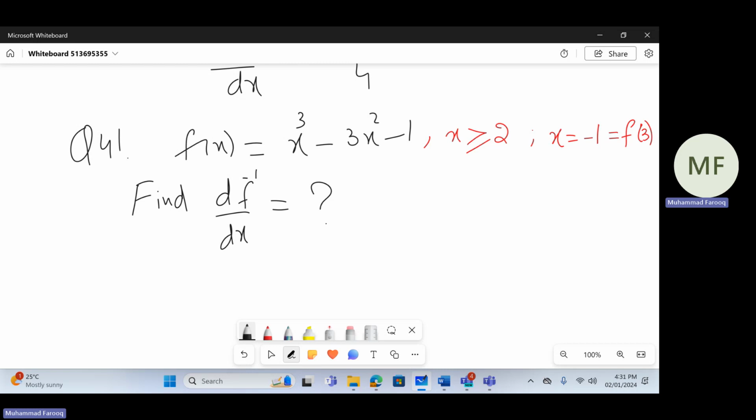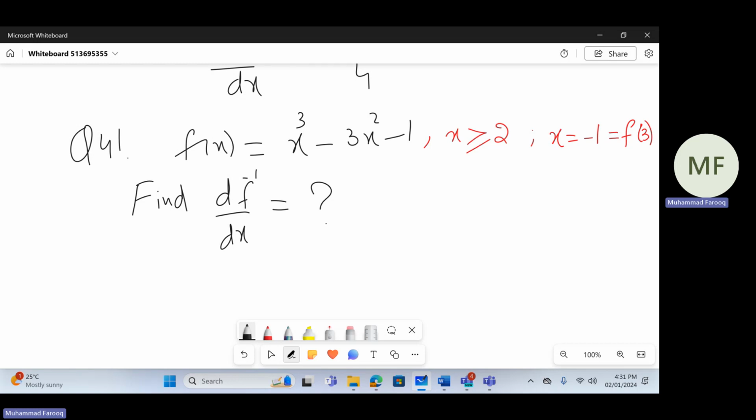We find the derivative of the function, put the value of a, and then take the reciprocal. That's it. Take the 3. A is 3 there. Do you understand now how we can use this property?